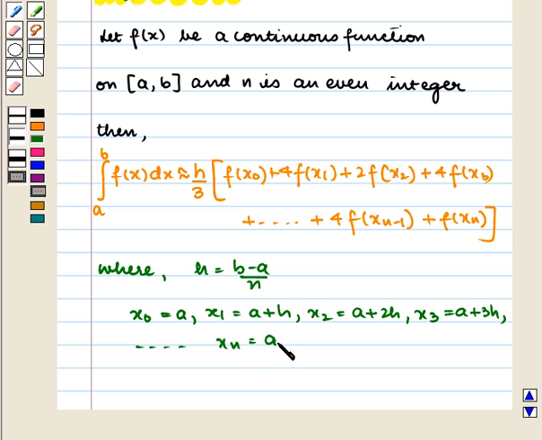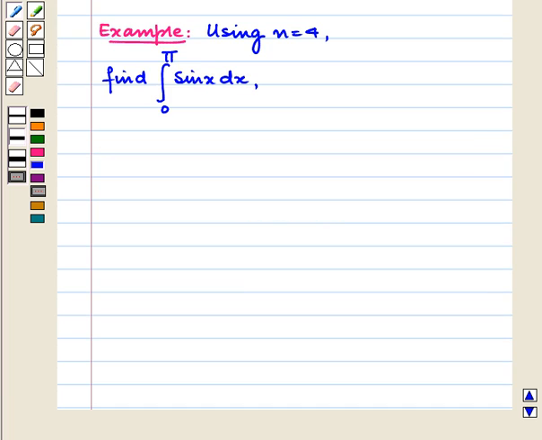Xn is equal to a plus nh equal to b. Let us see the same example. We will now solve it using Simpson's rule. The example says that using n equal to 4, find the integral from 0 to pi of sin x dx using Simpson's rule.